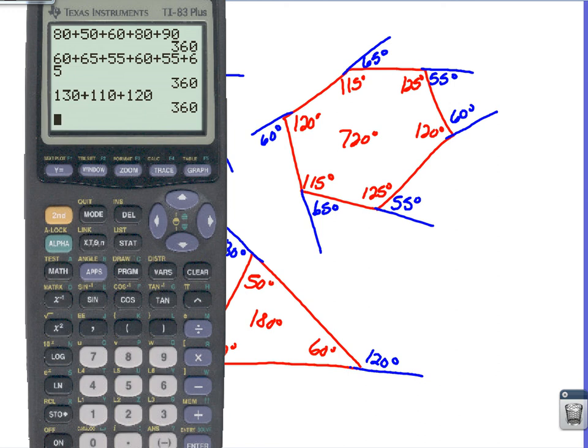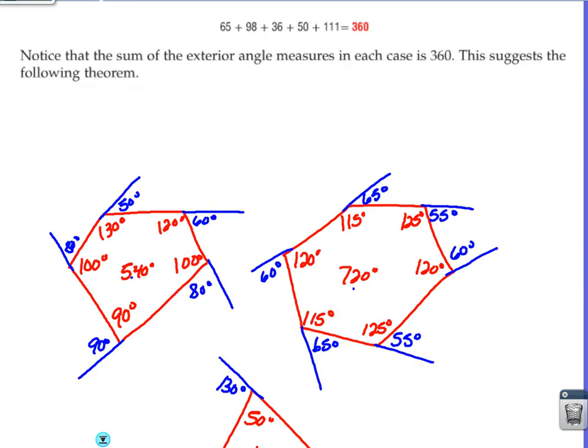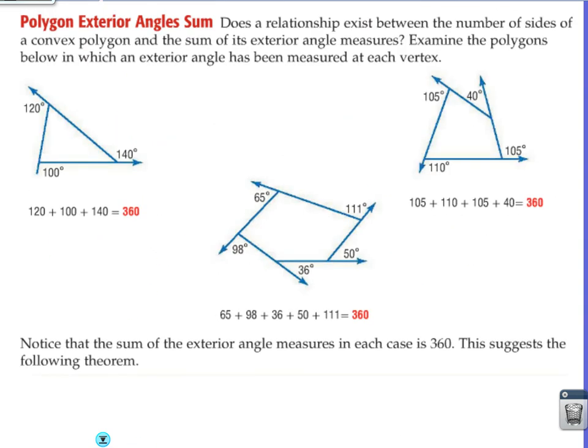So no matter what the shape was, that's odd. No matter what the shape is, whether it be a pentagon, a hexagon, a triangle, a nonagon, a dodecagon, a 100-agon, the exterior angles of that shape will always add up to 360 degrees.